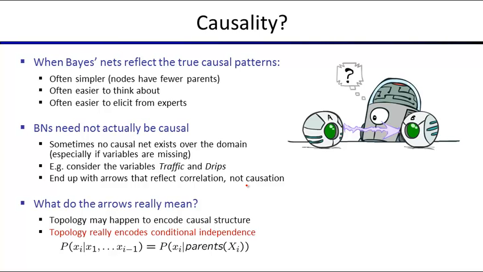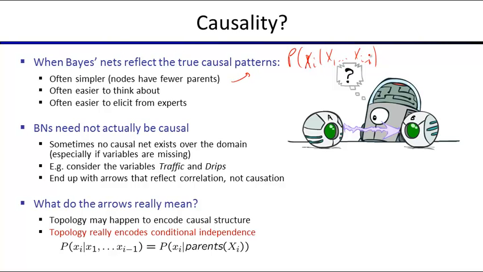Well, often when you go through this process of looking at P of xi given x1 through xi minus 1, and you're wondering which ones should I be making the parents, which ones can I leave out? If you have a causal process, often you can leave a lot of them out. You get a very small conditional probability table.